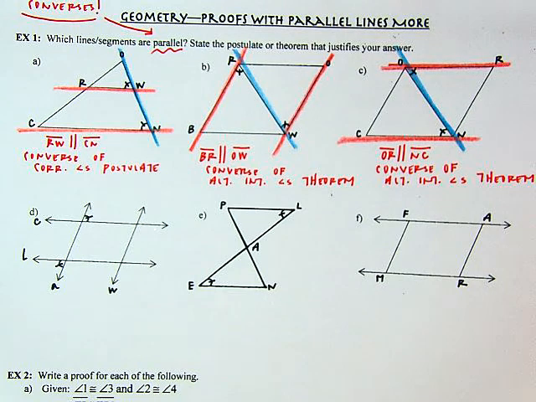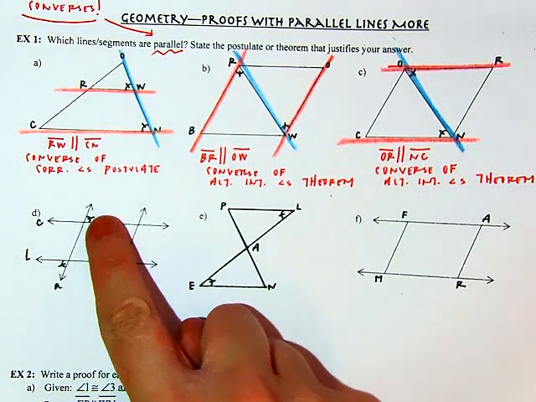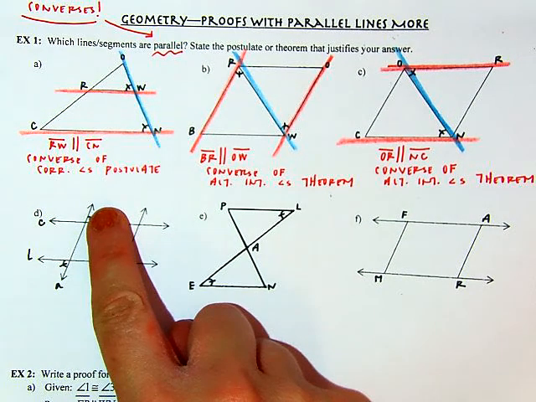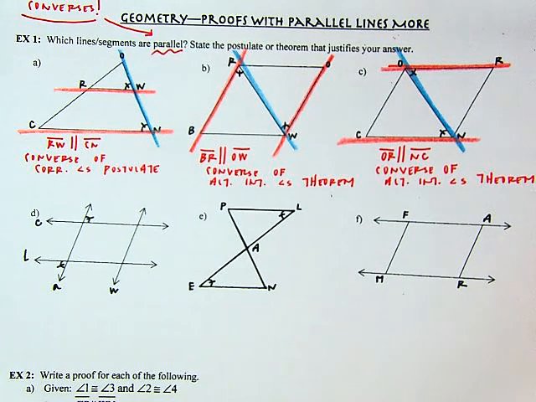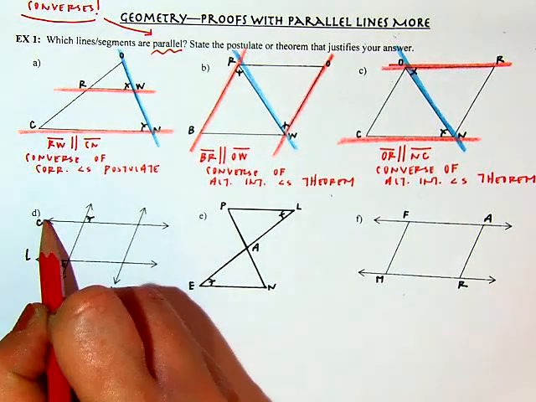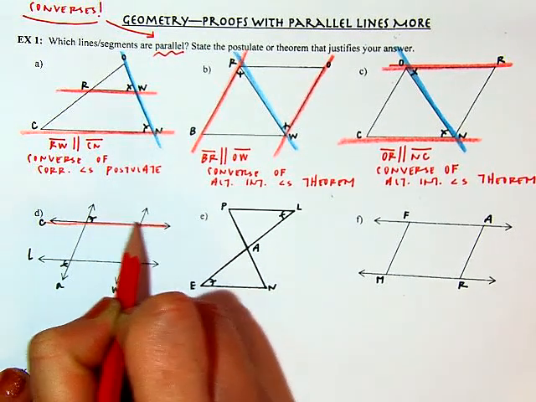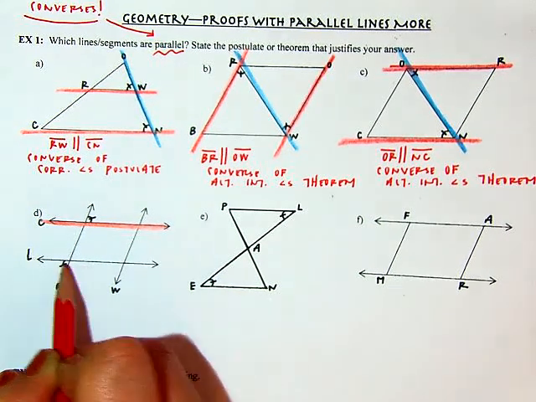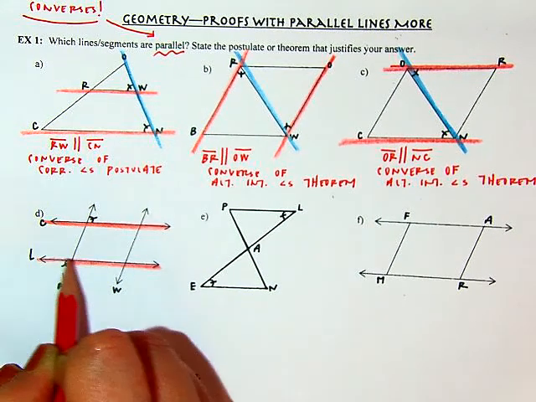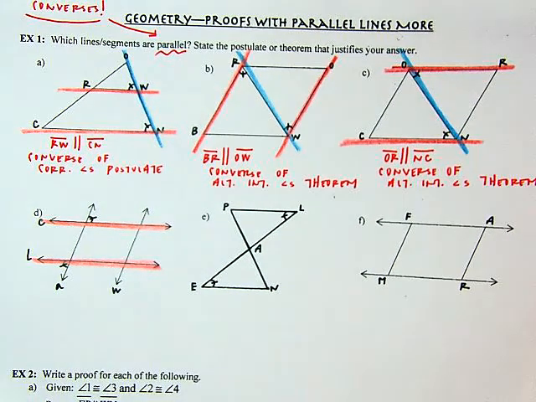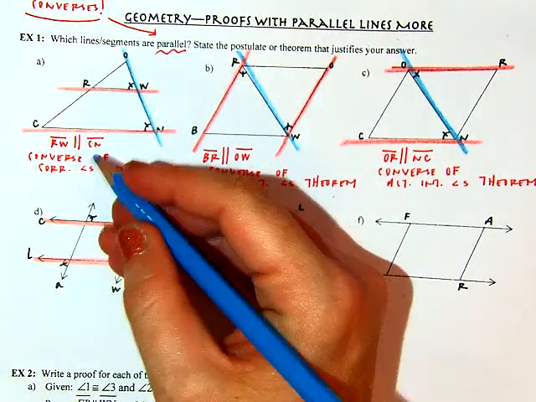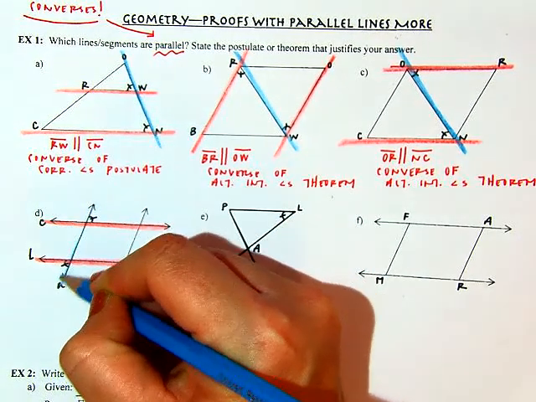Okay, in my next diagram, I have these two angles marked. So here it's a little easier for me to see then that it must be this pathway that we're trying to see if it runs parallel to this one, with line A as the transversal.